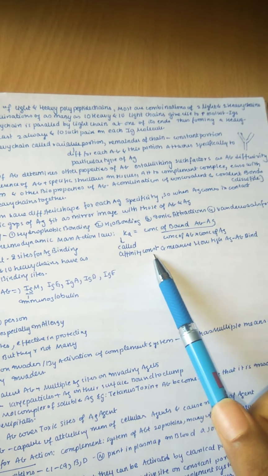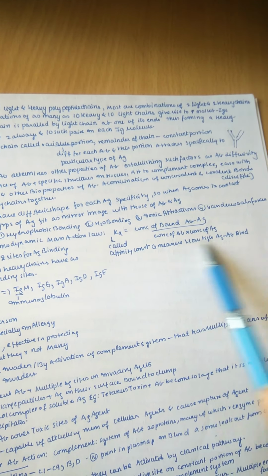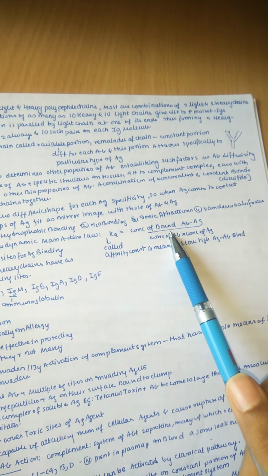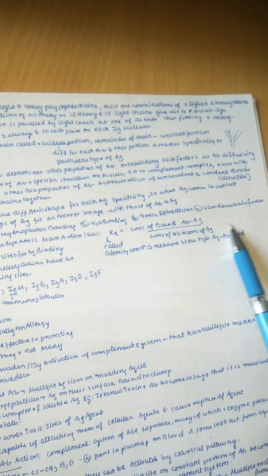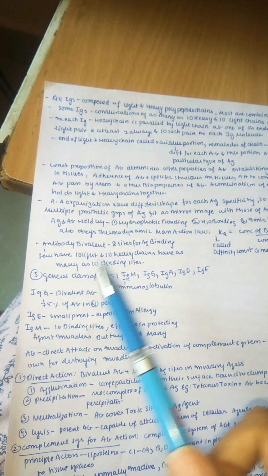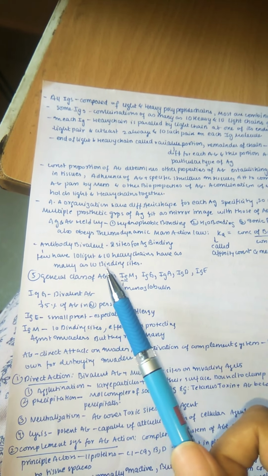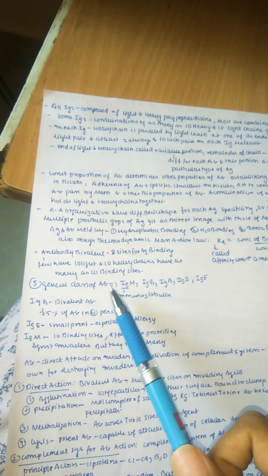This is called the affinity constant Ka, and it measures how tightly the antigen and antibody are bound. Ka is equal to the concentration of bound antigen-antibody complex divided by the concentration of antibody times the concentration of antigen. An antibody is bivalent, it has two sites for antigen binding, and those with 10 light and 10 heavy chains have as many as 10 binding sites.